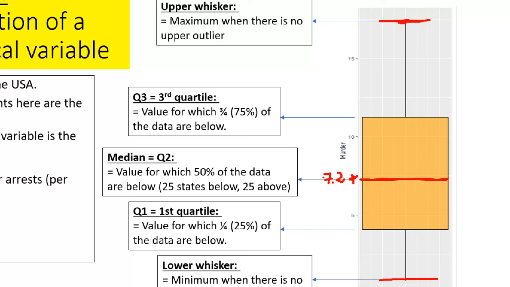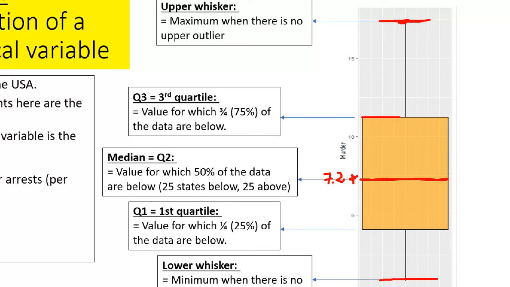So you have 50 states. 25 states have a murder rate below 7.2 per 100,000 inhabitants, and 25 states have a murder rate above 7.2 murders per 100,000 inhabitants, okay?